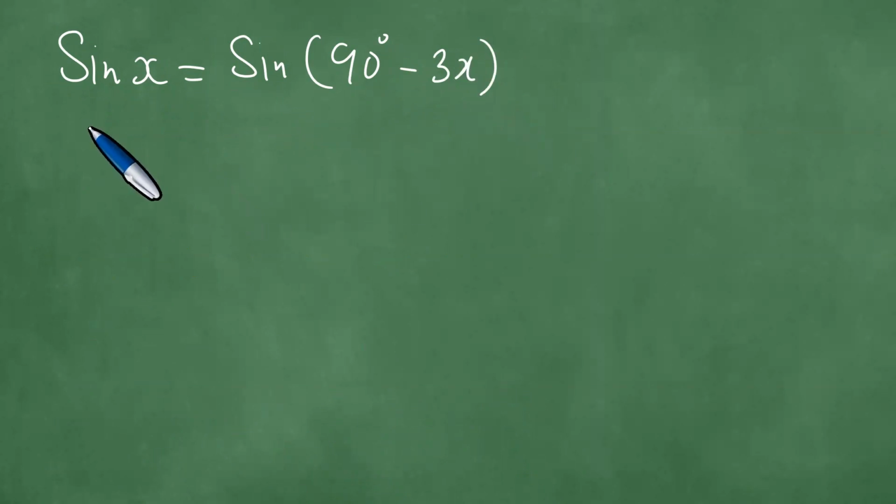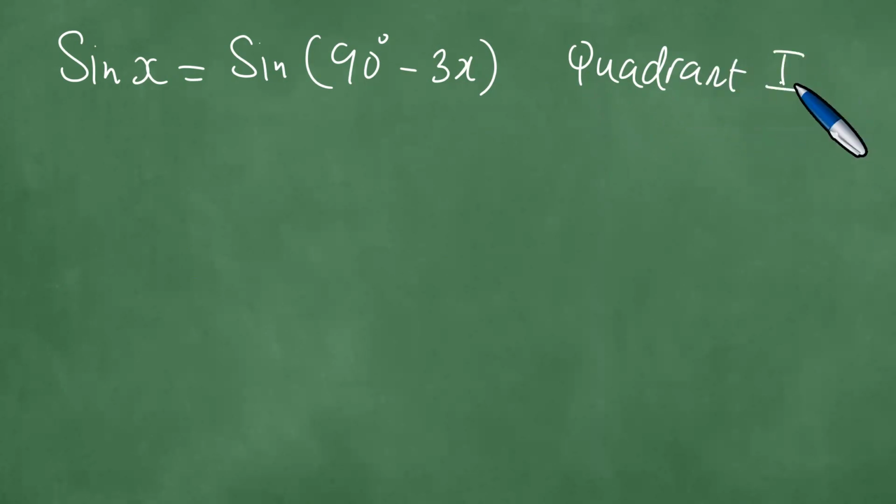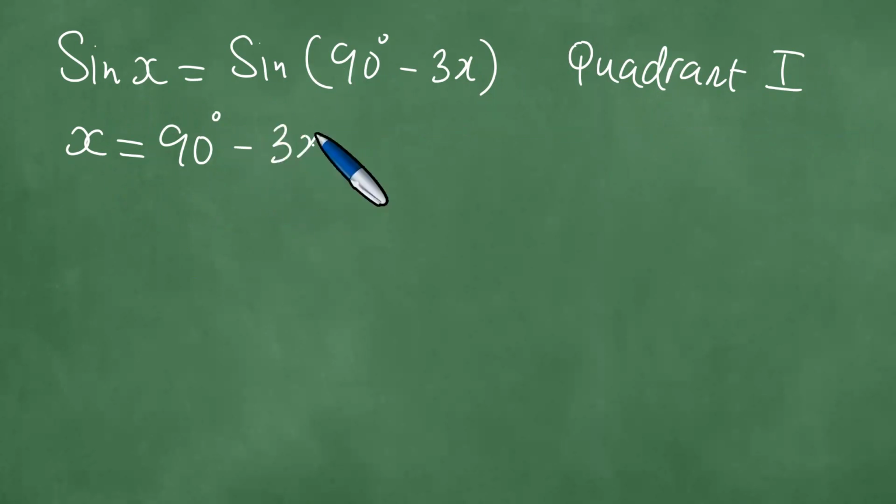And what is the meaning of this? Well, we need to note that we're dealing with quadrant 1 here, because it's 90 minus. So now we need to proceed to find the general solution, which is 90 degrees minus 3x.